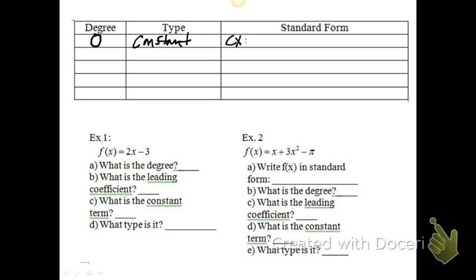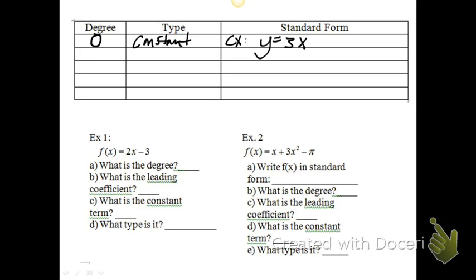So for example, I might have something like y equals 3. Now, that doesn't look like much, but it's called a constant because if you think about it, if the equation just equals a number, it stays constant. Notice it's also a constant term. There's no variable next to it. The reason why it's degree 0, think of it this way.